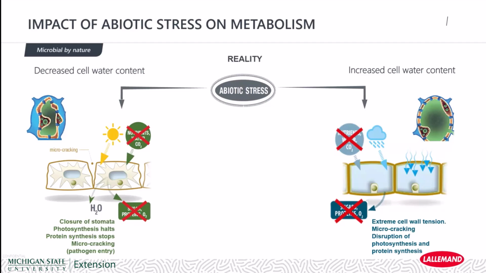So in abiotic stress conditions, on the left here, you get the closure of the stomata, photosynthesis stopping, protein synthesis stopping, microcracking happening, and pathogens coming in. Or in the other scenario, where water flows in, you get extreme cell wall tension, more microcracking, more disruption of photosynthesis and protein synthesis, and just really an unhappy cell overall.